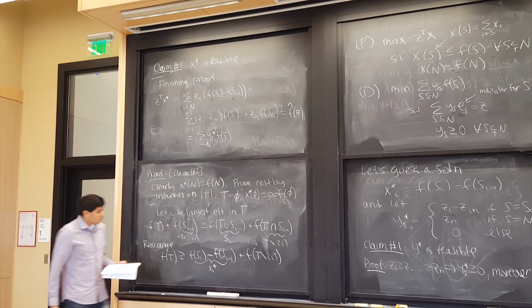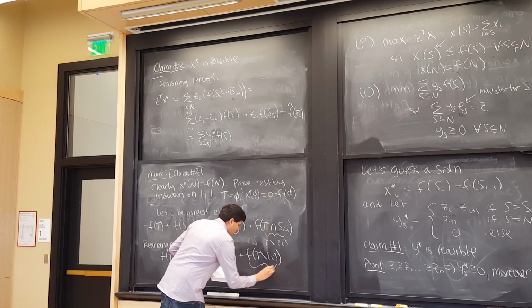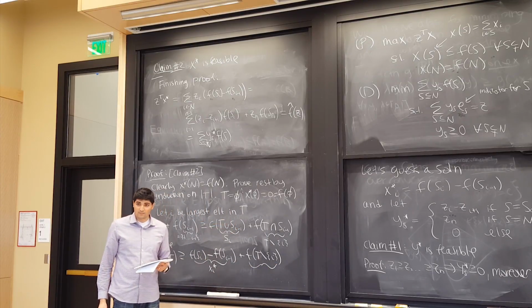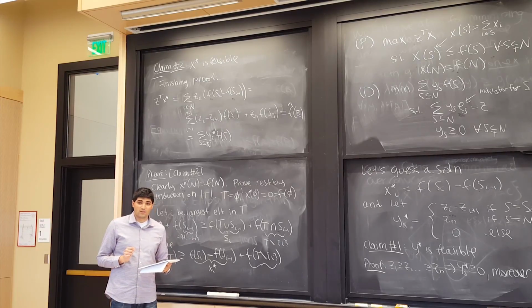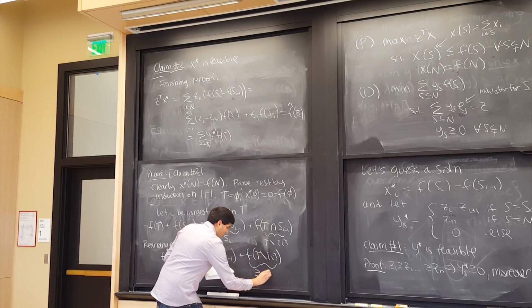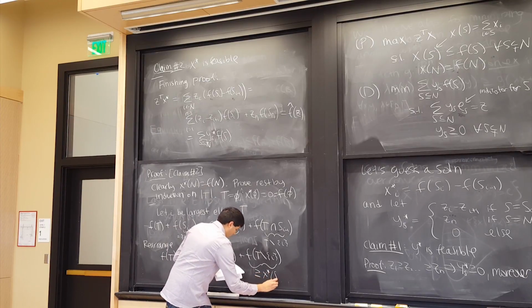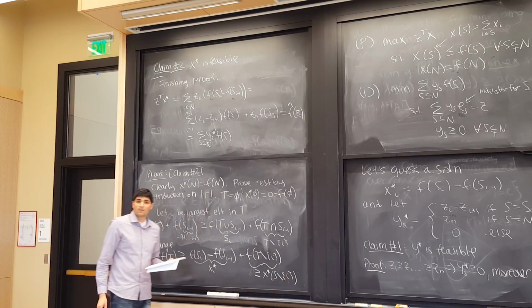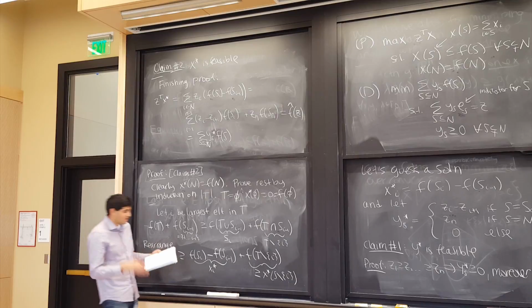And what can we say about this guy? By the inductive hypothesis, it's greater than x of that thing. Yes, exactly. It's at least x star of S minus i. T minus... oh, sorry.